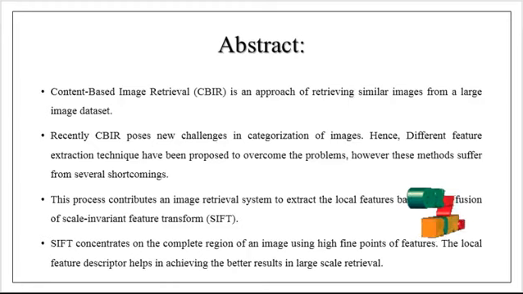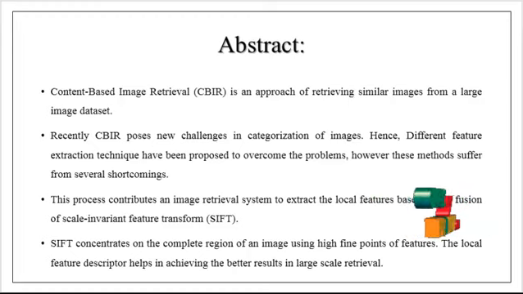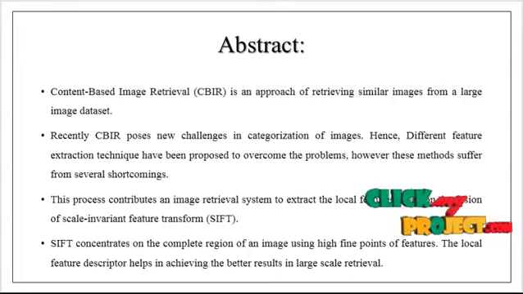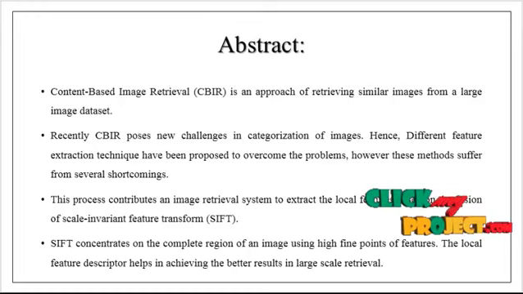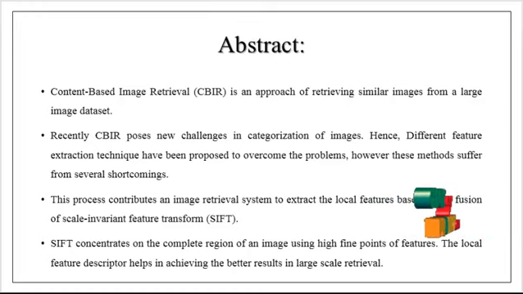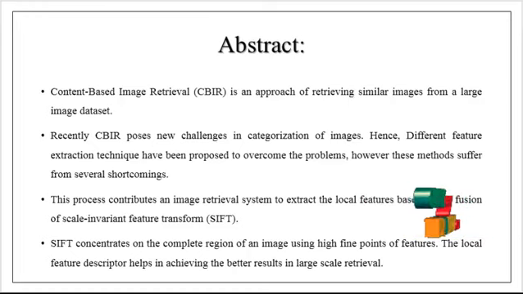The local feature descriptor helps in achieving better results in large-scale image retrieval. In this process, the feature stability is good, and the classification also performs well to retrieve exactly the relevant images from the dataset. So the final performance of the process will be evaluated by means of the retrieval rate, in terms of accuracy.